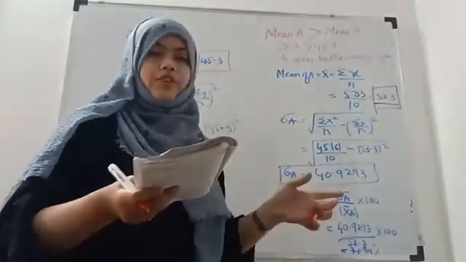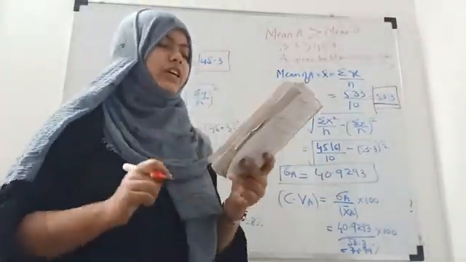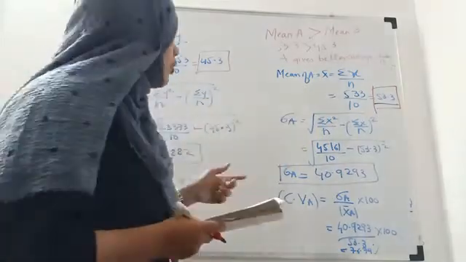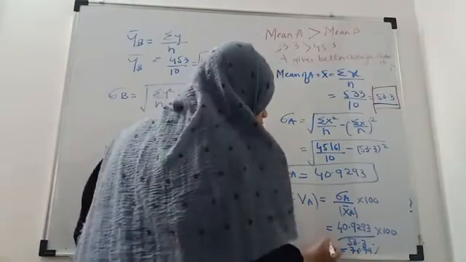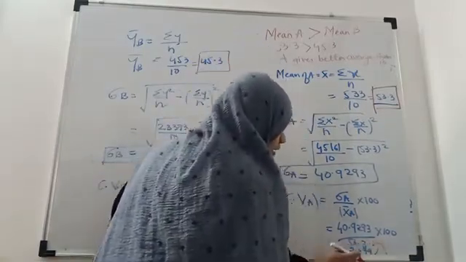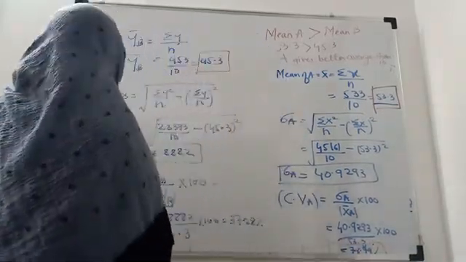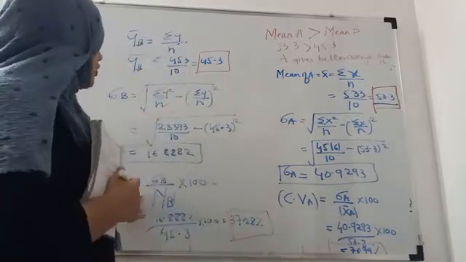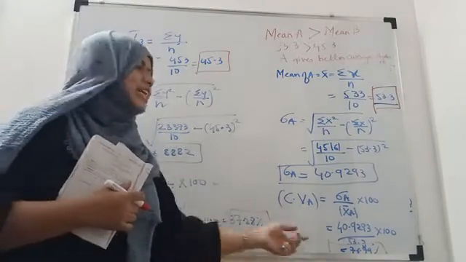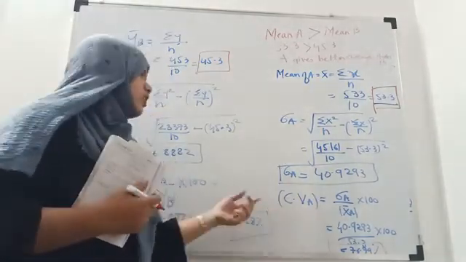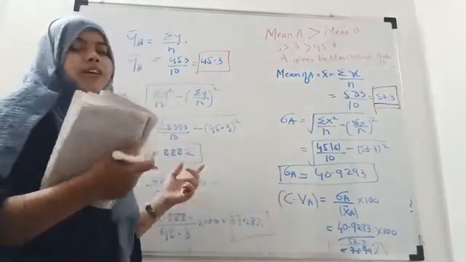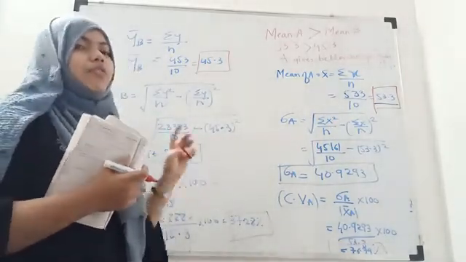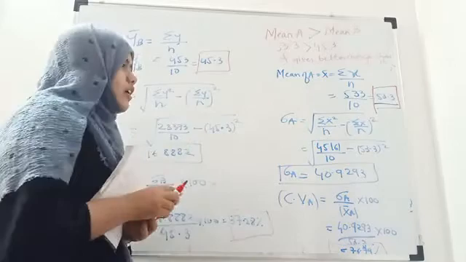And for consistency, the second question is which cricketer is more consistent. You have to look at the coefficient of variation. The first coefficient of variation is 76 point something and the second one is 37.28. So the coefficient of variation of B is less, so cricketer B will be more consistent. For consistency you have to go for the lesser value. Remember this.